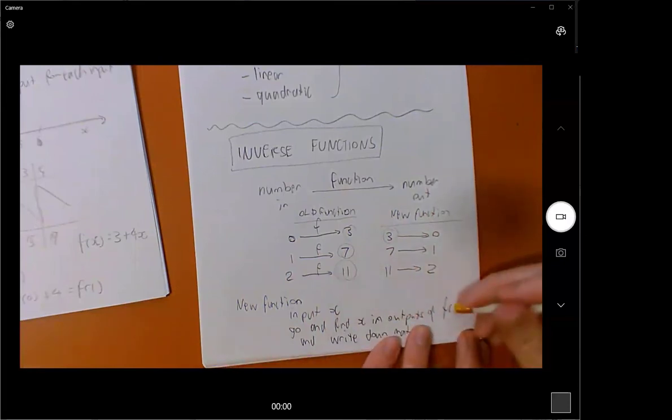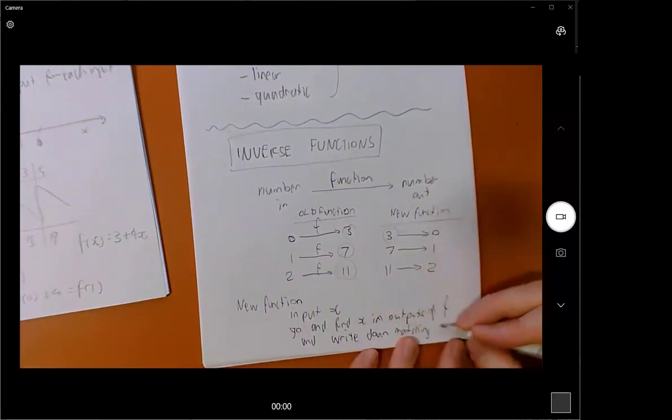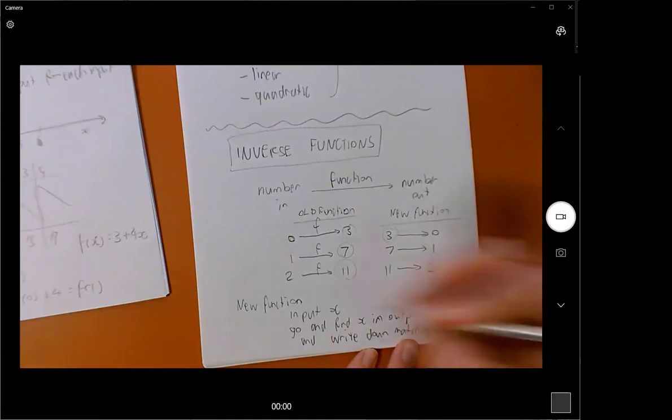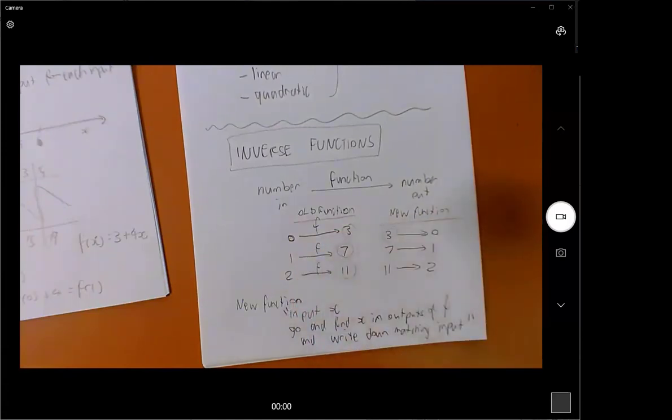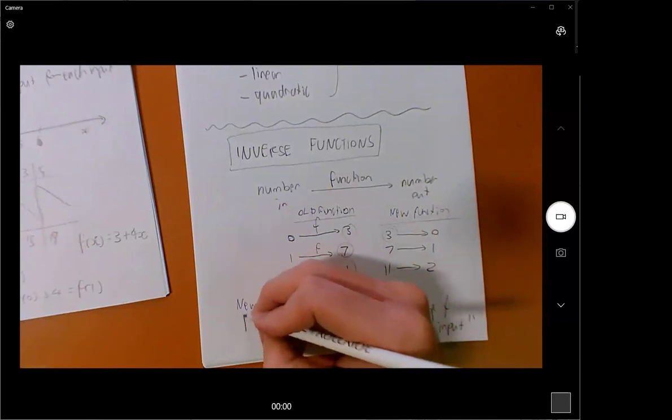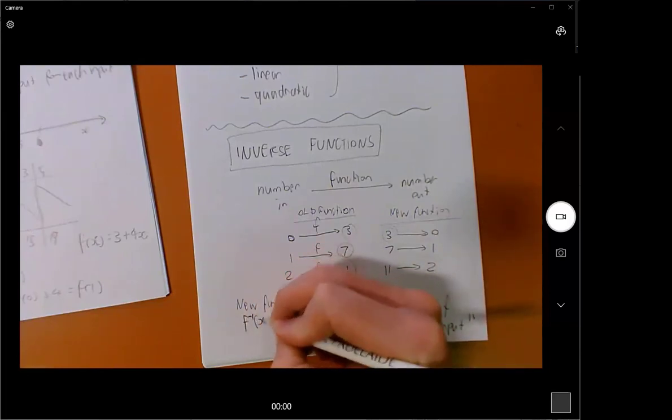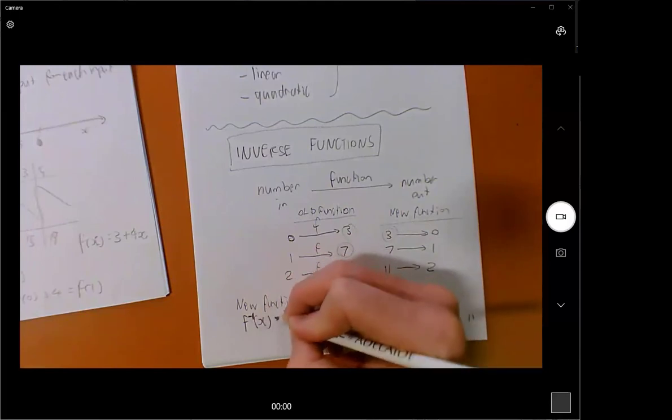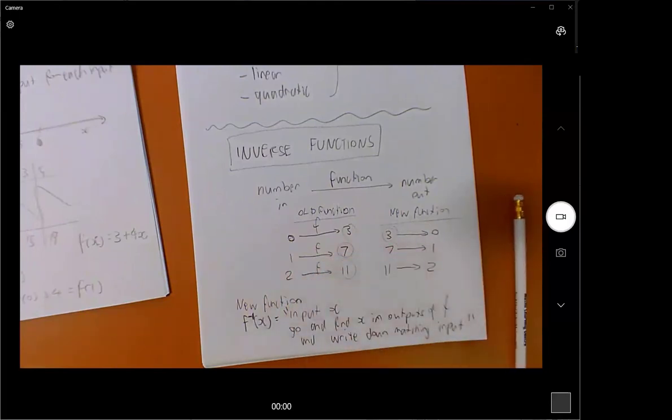Not f of x, just f. That is the description of how to do it. We've got an input x, go find x in the output of f and write down the matching input from f. That's what the inverse function is. And so this function, f inverse of x, is do this process.